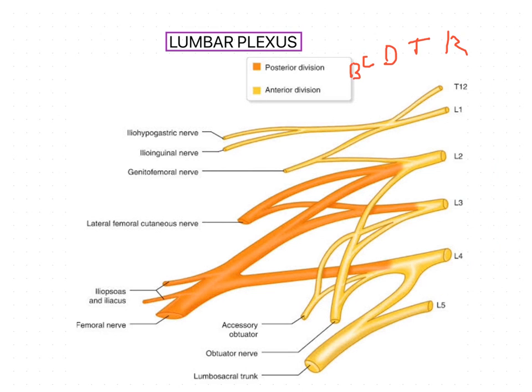So how these plexuses are formed in the lumbar region, now we are going to see. Where is it exactly situated? The lumbar plexus is situated on the posterior substance of the psoas major.